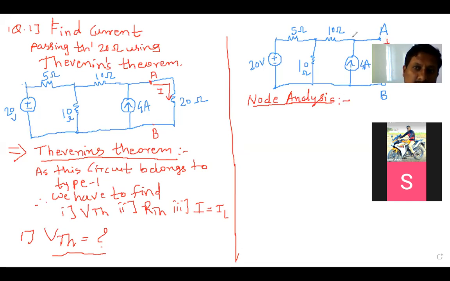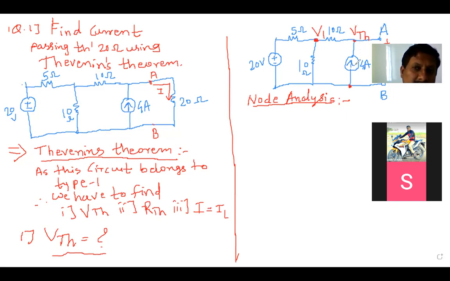See, VTH is nothing but the voltage across this 4 ampere current source. So we need to find this node voltage. One more voltage will be there at the principal node, so I will give the name V1 and VTH. You can give V1, V2, but V2 is the same as VTH, so instead of V2, I will take VTH.